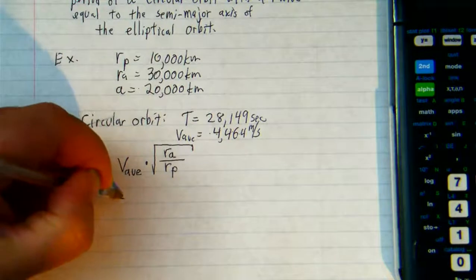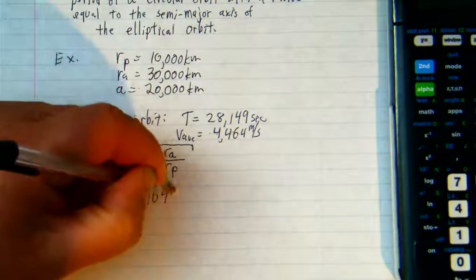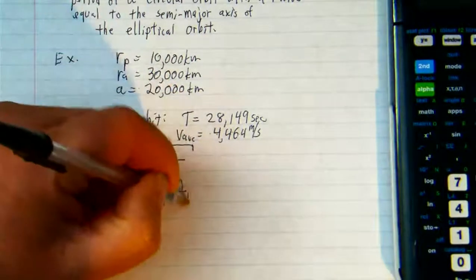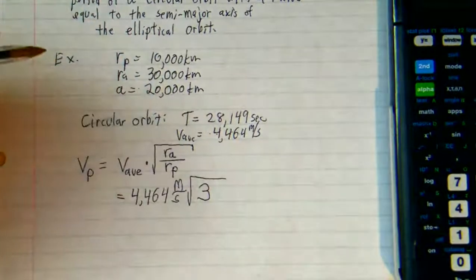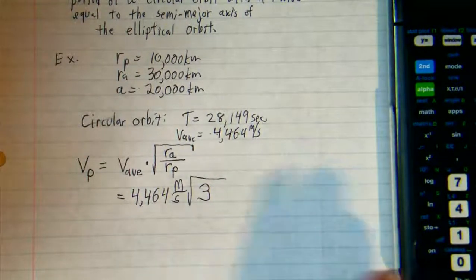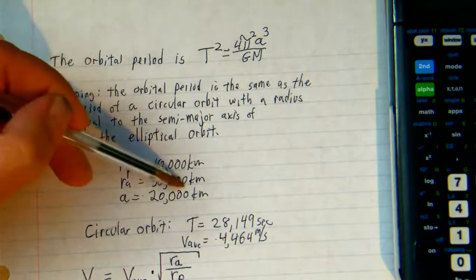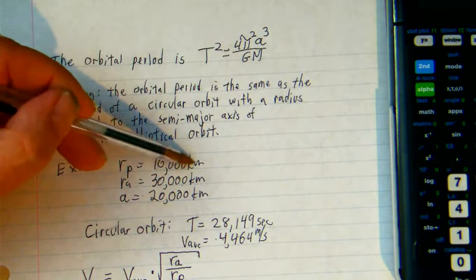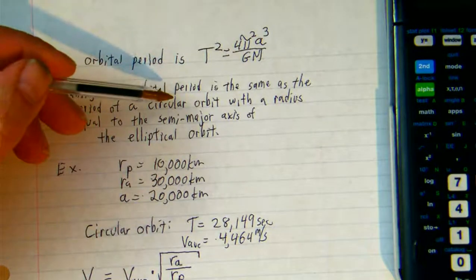So in this example, I go 4,464 meters per second, and I multiply that by the square root of 3. Where did I get 3? I just reduced 30,000 divided by 10,000 to 3 divided by 1.